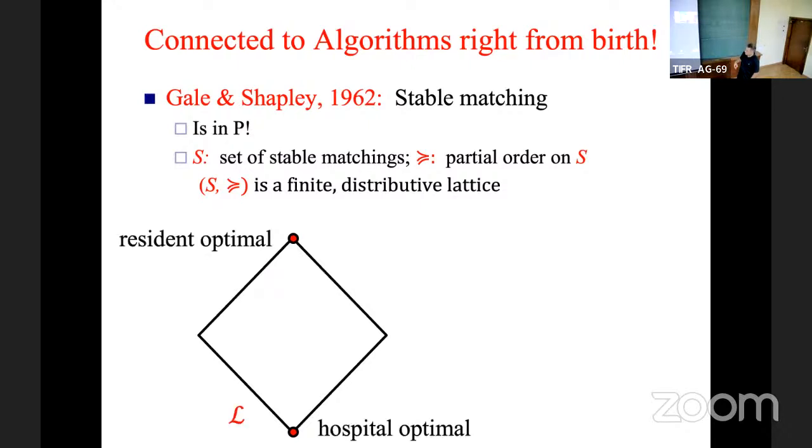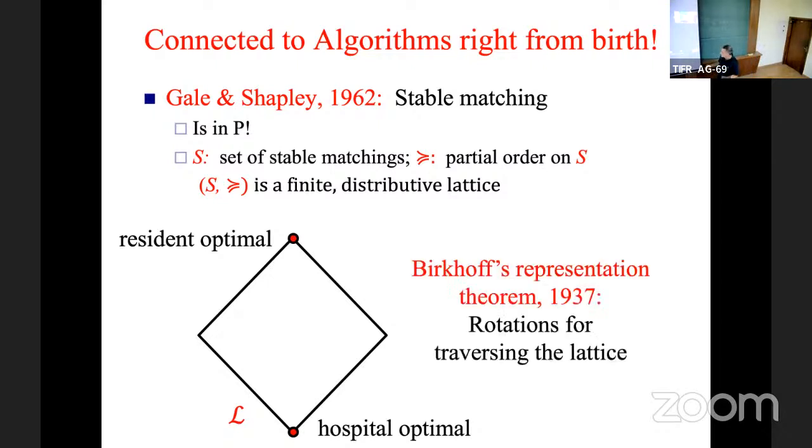In the case of the resident-hospital market, one of these can be said to be the resident-optimal matching, and the other the hospital-optimal matching. This matching favors the residents, this the hospitals, and you know these things right from undergraduate classes on stable matching.